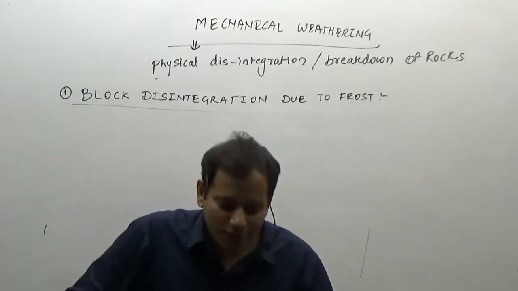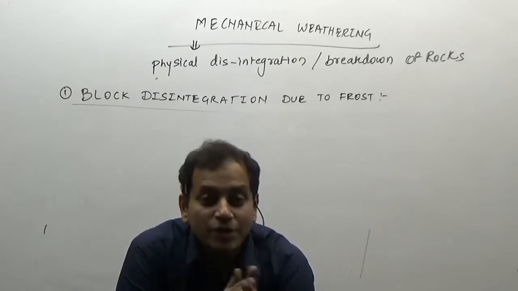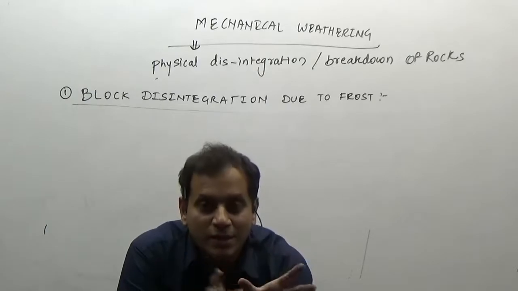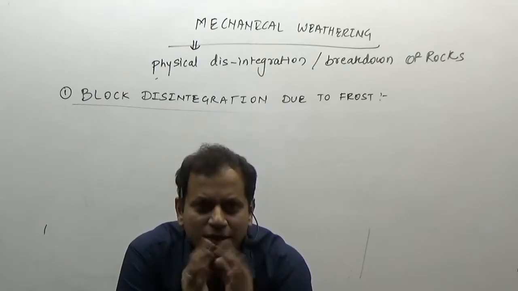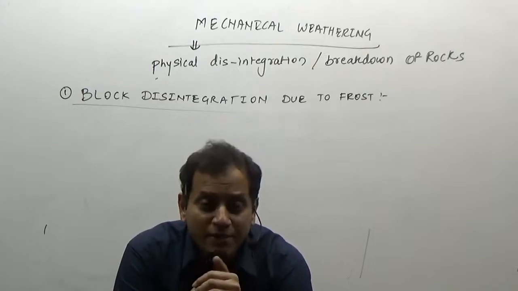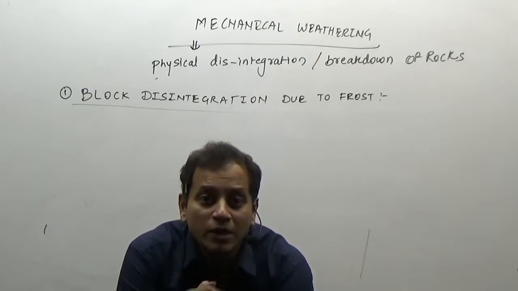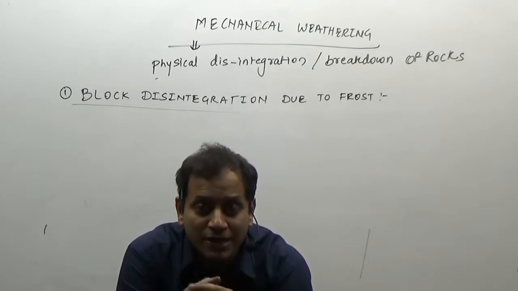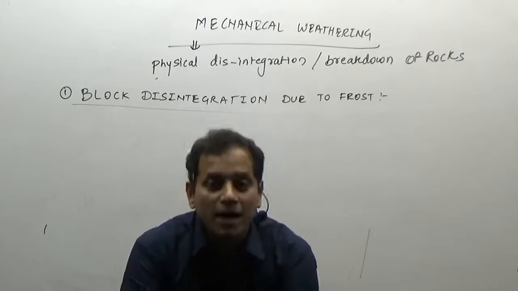See, this is a special kind of weathering in areas of cold climate, where water collects in the gaps. During the daytime, when the temperature is high, water melts. But during the night time, when the temperature falls below the freezing point, the water gets converted into ice.